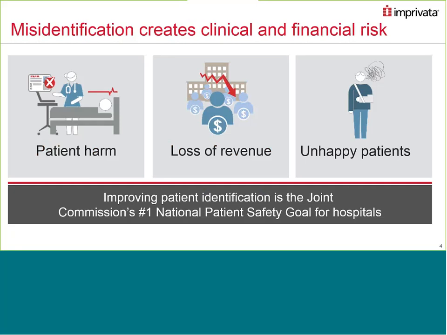Sometimes there's language barriers, sometimes there's hearing issues, you have registration staff that's under pressure. So, a lot of legitimate reasons why misidentification occurs, and then a number of downstream effects.